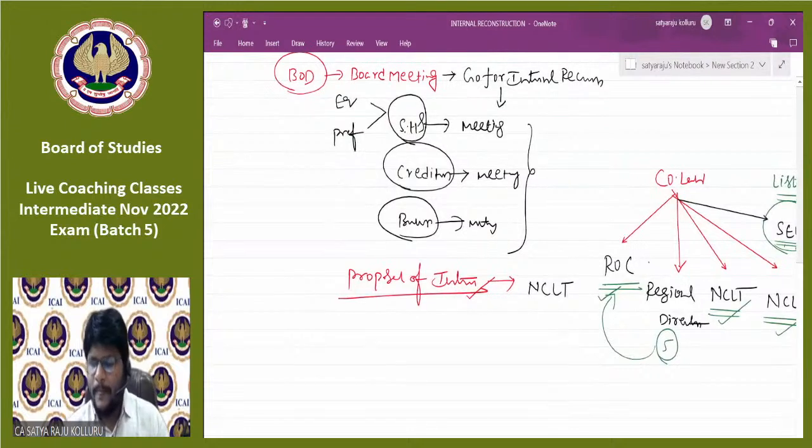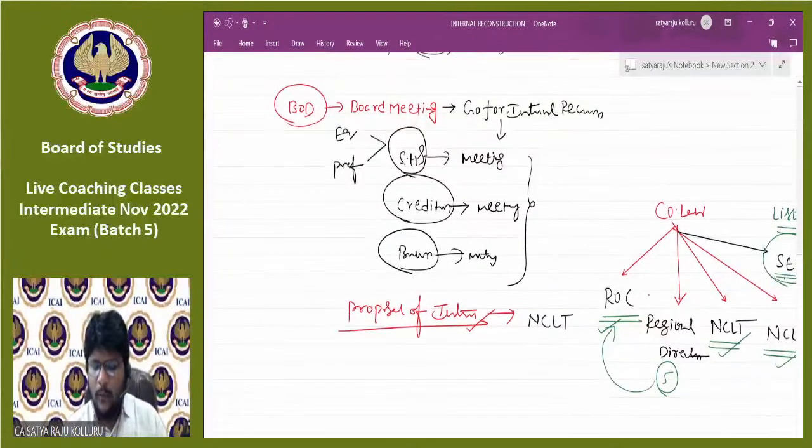Okay, leave all such things. Come back. So now the proposal of internal reconstruction we sent to the National Company Law Tribunal. Then, after visualizing the things in the best possible manner, NCLT will check whether that proposal is justifiable to each and every party of the company or not. Then NCLT will pass an order to go for the process of internal reconstruction.